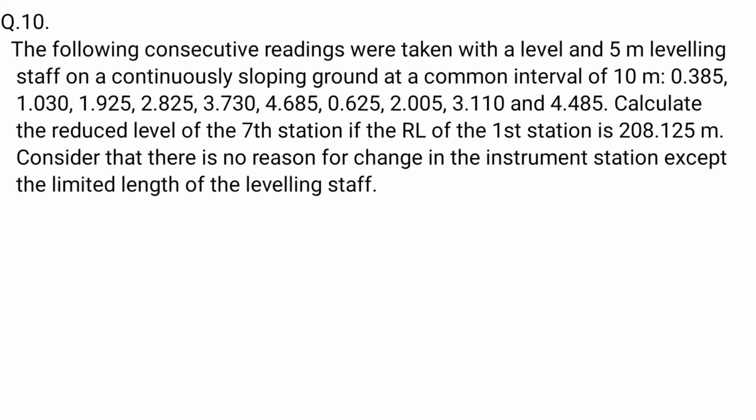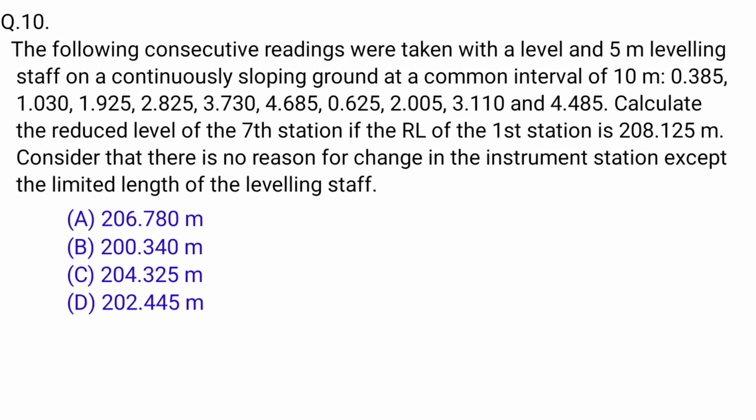Next. Question number 10. The following consecutive readings were taken with a level and 5 meters leveling staff on a continuously sloping ground at a common interval of 10 meters: 0.385, 1.030, 1.925, 2.825, 3.730, 4.685, 0.625, 2.005, 3.110 and 4.485. Calculate the reduced level of the 7th station if the RL of the first station is 208.125 meter.